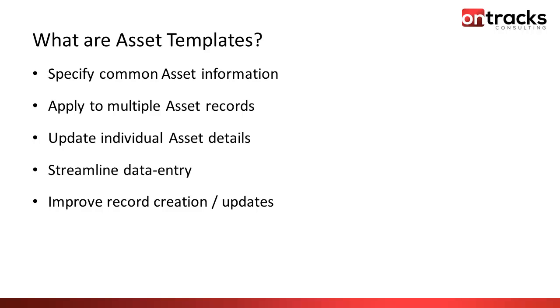Any asset records that are created or based on an asset template will then inherit all of the common asset details associated on that template. And by using the asset templates, this just allows you to streamline your data entry. It assists with creating new asset records, especially when you're creating multiple of the same type of asset, as well as improving the updating of the core details of any of your existing asset records.